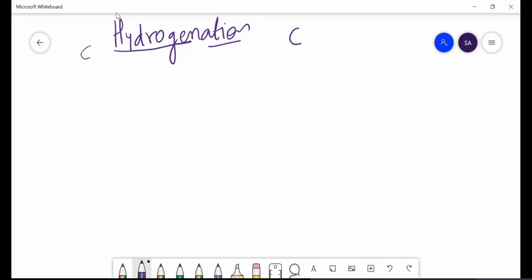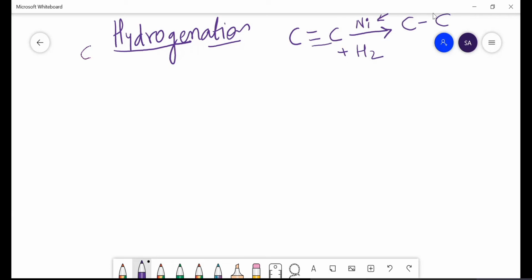Okay, so what you are doing, you are converting this carbon-carbon double bond in presence of a catalyst nickel when you add hydrogen, and converting this carbon-carbon double bond into carbon-carbon single bond.